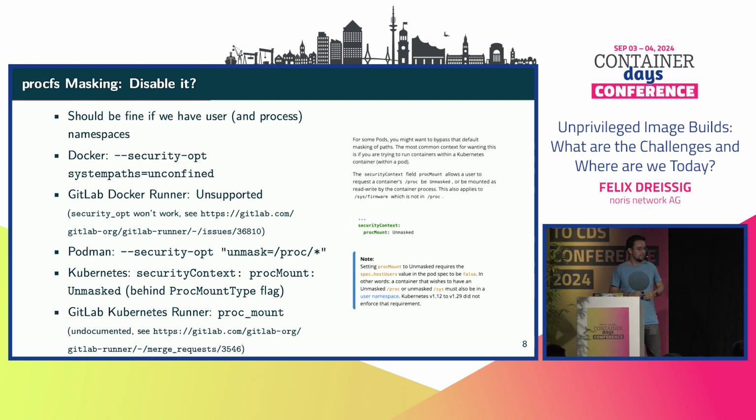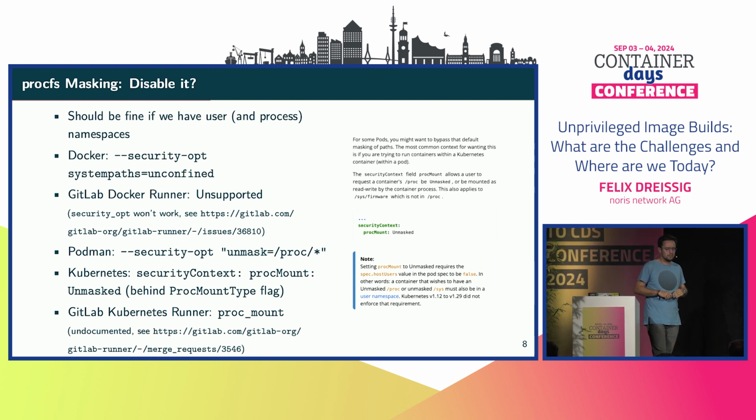You can set this as a Docker option. You can also set it with Podman. There also is a Kubernetes option for it, which appears to be behind a feature flag. I didn't try that one myself. I assume it also needs support from your container runtime there. But I have the docs right here for Kubernetes.